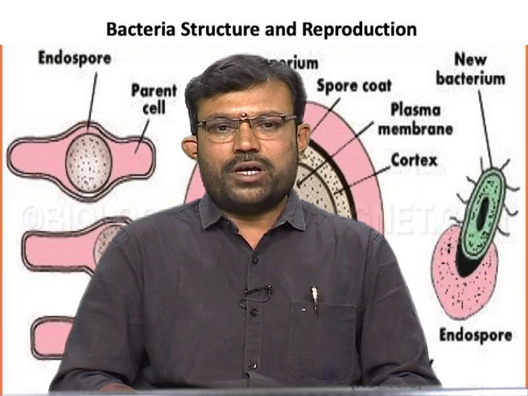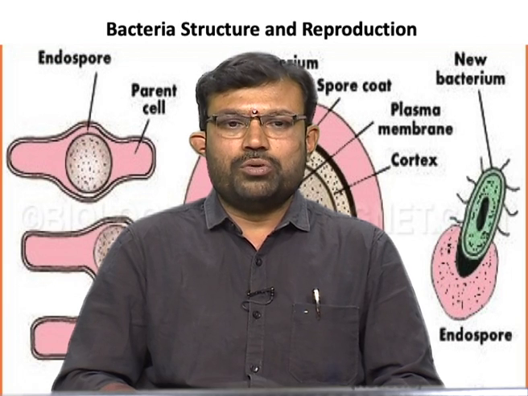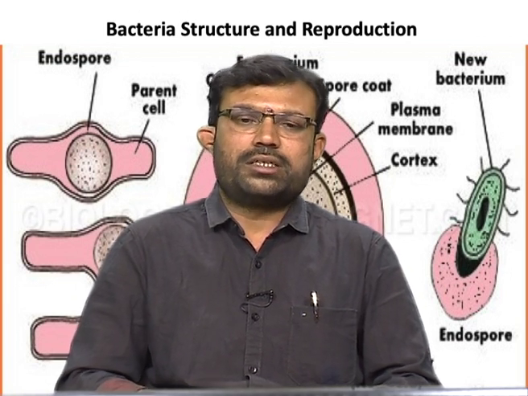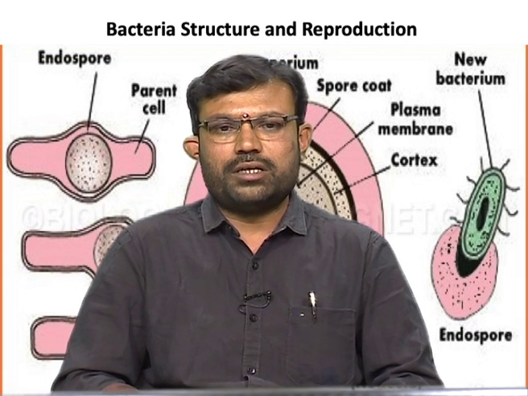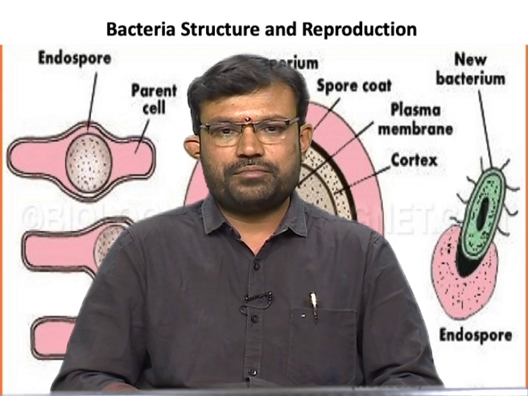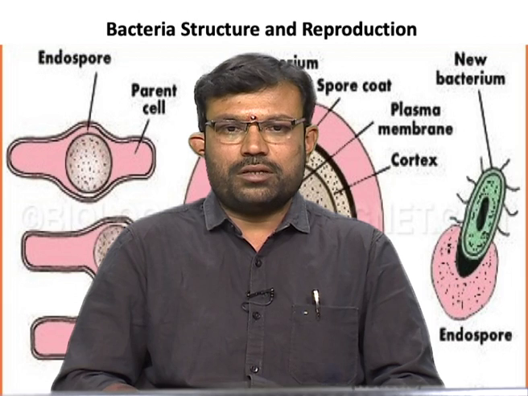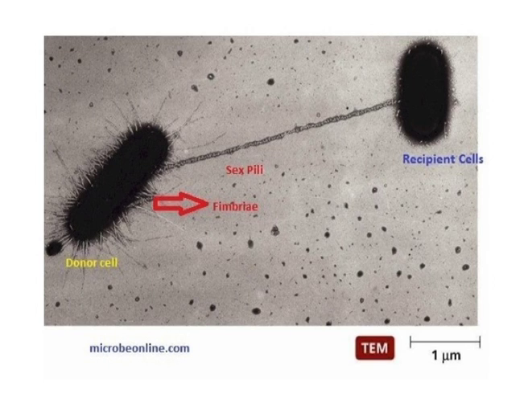With the help of flagella, bacteria move from one place to another. If flagella are present, such bacteria are called motile. If the flagella are absent, such bacteria are called non-motile. And these flagella are made up of a protein called flagellin. And the next one, pili or fimbriae.